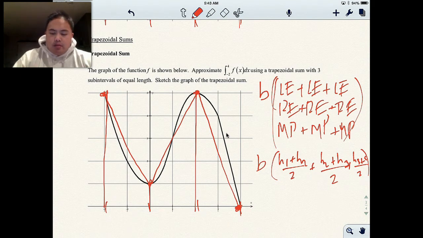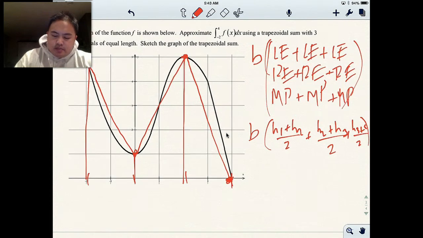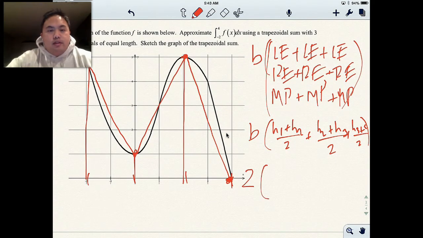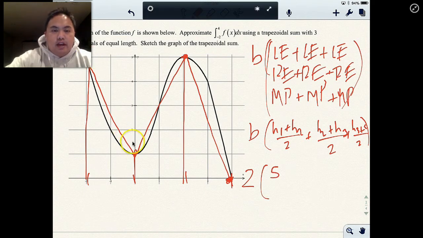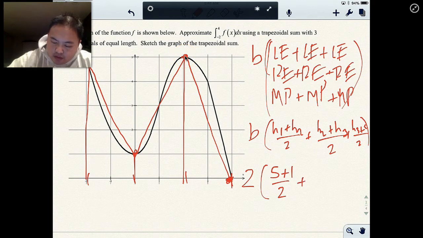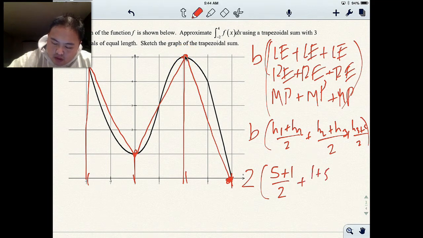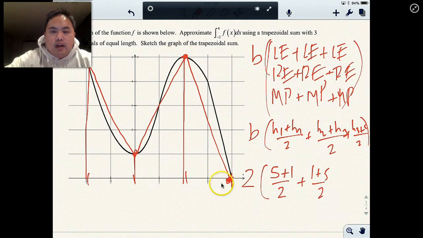For this particular problem, as we've seen many times, this base is 2. Now, in this one, my first height is 5. As you can see, here's height 5, and I have a height of 1, and I'm going to average it. And the last one, I have a height of 5 and a height of 0, and I'm going to average it.